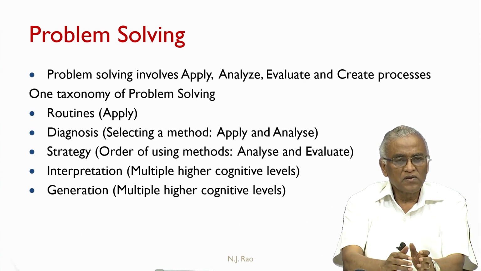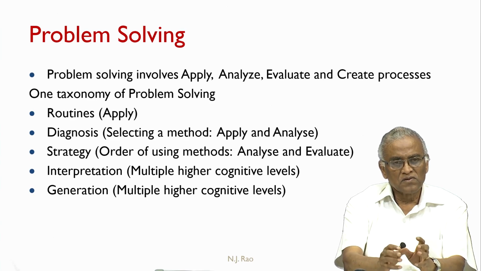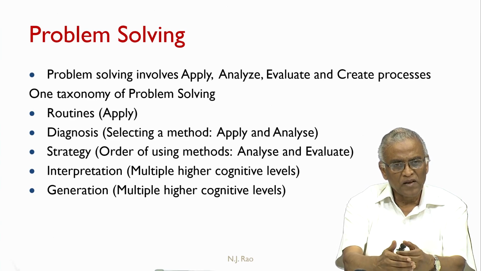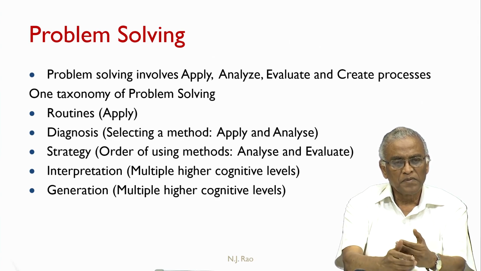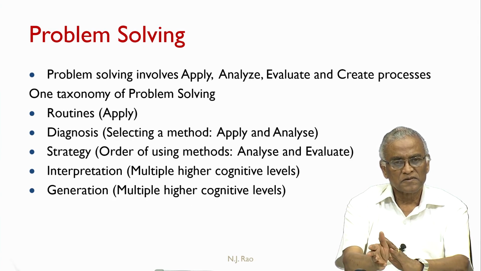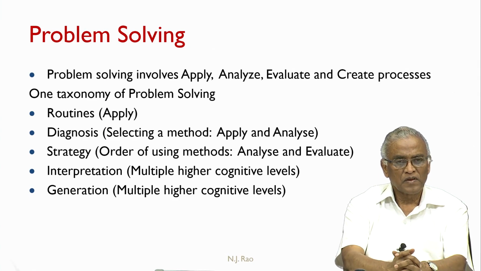And then you are working out a strategy. That means you have several methods available to you for solving, but now you are experimenting with using different orders of using these methods, which will involve analyze and evaluate.